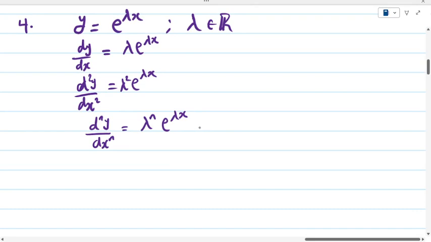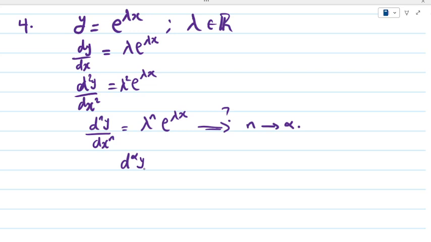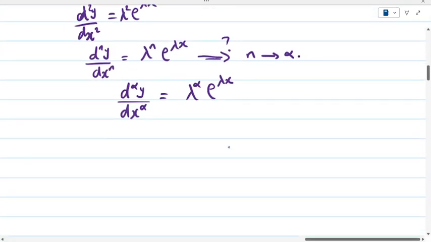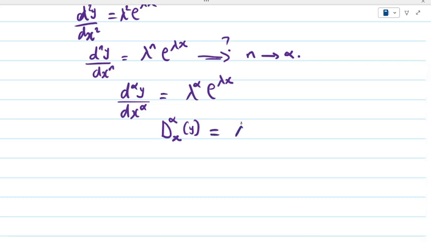Can we extend this n order to fractional order, whereby we have d^alpha y/dx^alpha equals lambda^alpha exponential lambda x, which we can rewrite as D^alpha of y with respect to x equals lambda^alpha exponential lambda x.